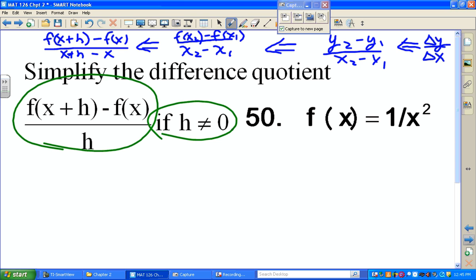You take the total miles divided by 6 hours, and that's your average rate. Well, if you have a curved line like 1 over x squared, and you take 2 points and connect them, the difference quotient, which is this thing right here, is considered to be the average change between 2 points.